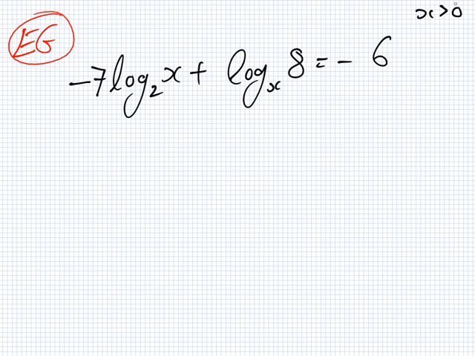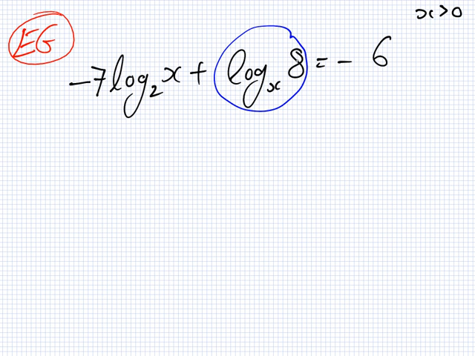So what could I do first here? You see, the first problem is that this base is 2 and this base is not. Not only that, here the x is not in the base and here the x is in the base. So first thing, deal with the base. But I noticed something that's going to happen. I could swap the x and the 8, and then what happens to the log?